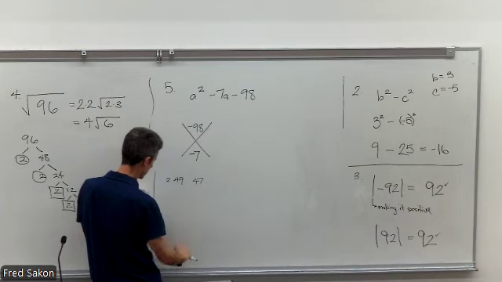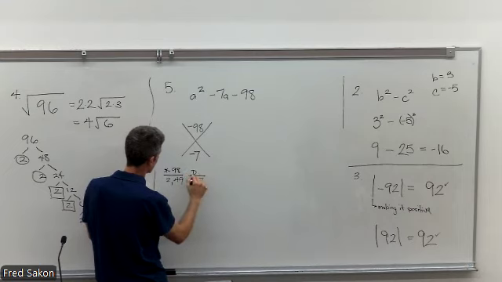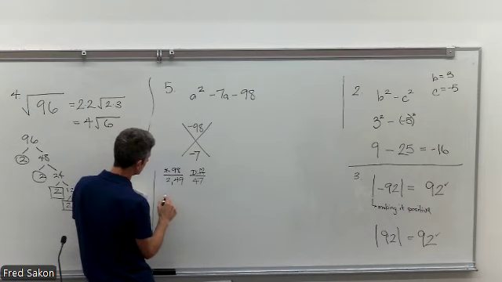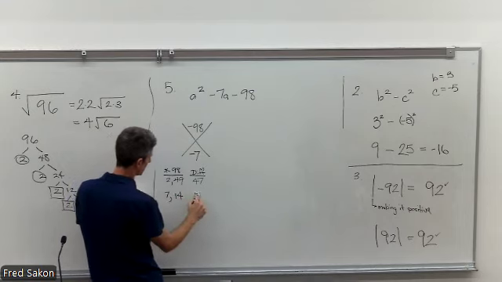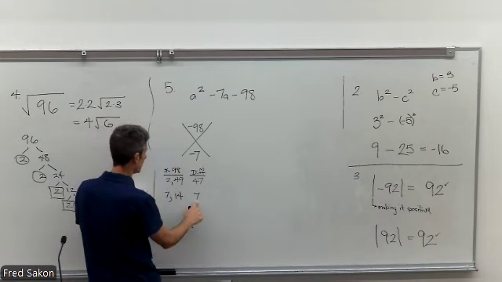Shouldn't write it that way. Do a comma. I'm going to say times up to 98, and then their difference here is 7. 7 times what? 14. And that difference is 7. Now I need it to be negative.